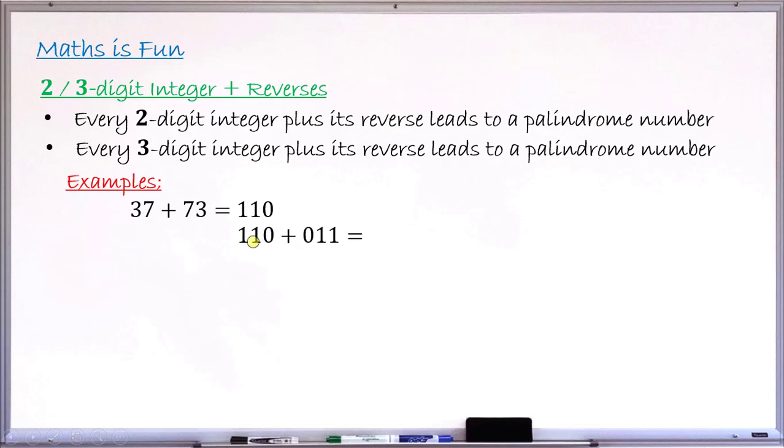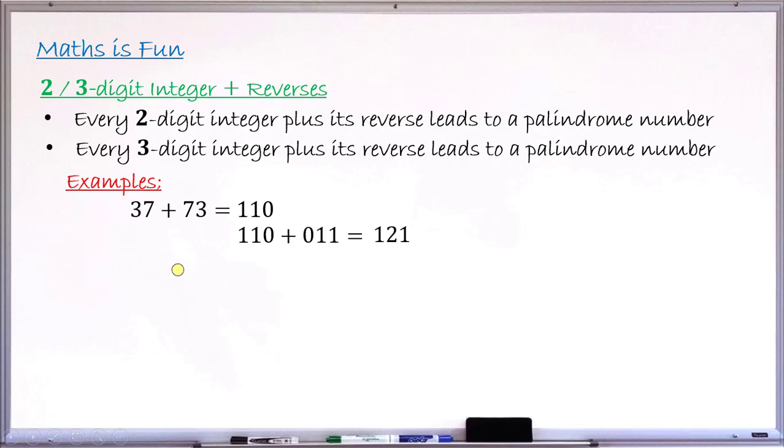So you now have 110 plus the reverse of 110, which is now 011. If you add 110 and 11, what you are going to have is 121. You can see 121 is a palindrome because if you write it in reverse, it will be exactly the same 121.